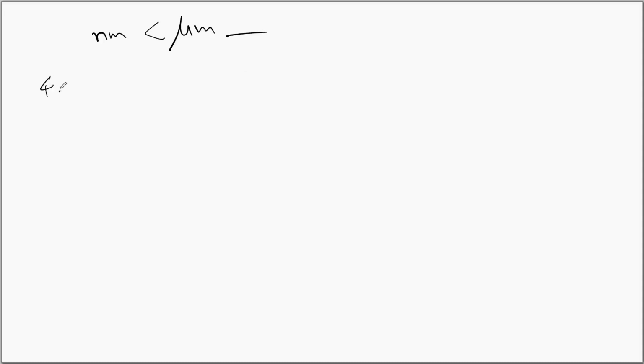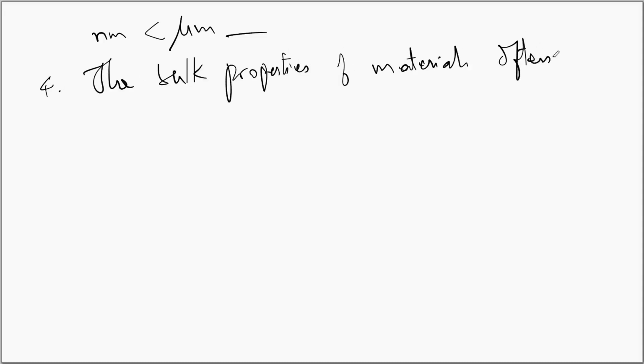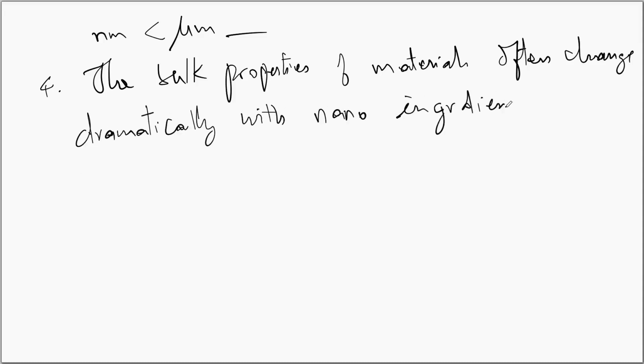And lastly, the bulk properties of materials often change dramatically with nano ingredients. Please try to recall the way we produced extrinsic semiconductors.